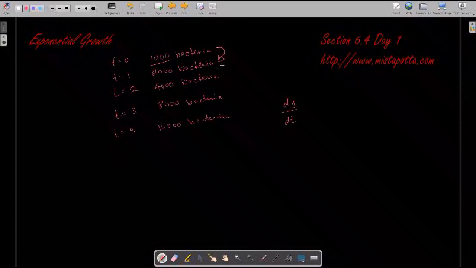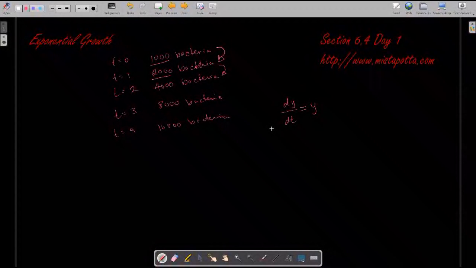From t equals 1 to t equals 2, the change in bacteria is 2,000. And so if I have y bacteria at a particular time, the next hour I'm going to have twice as much bacteria. In other words, my rate of change is really going to be equal to y.